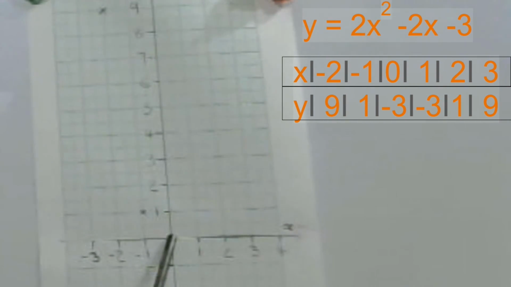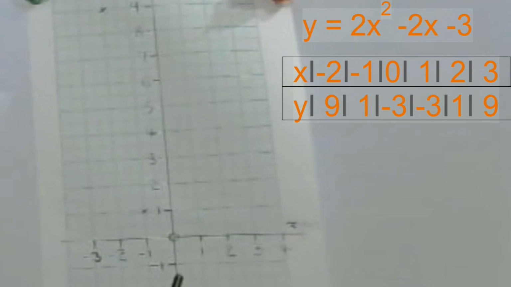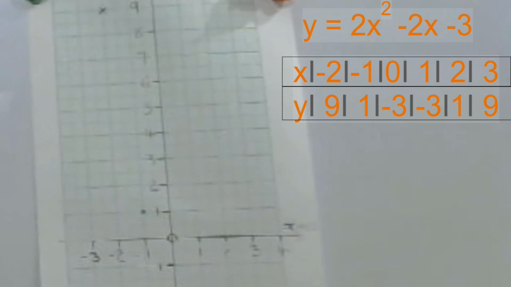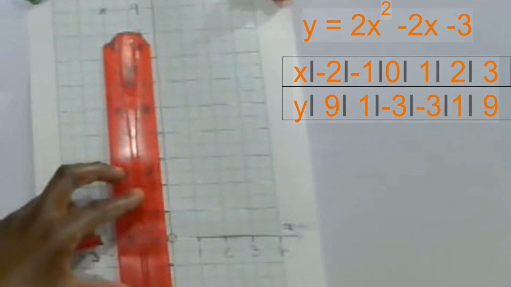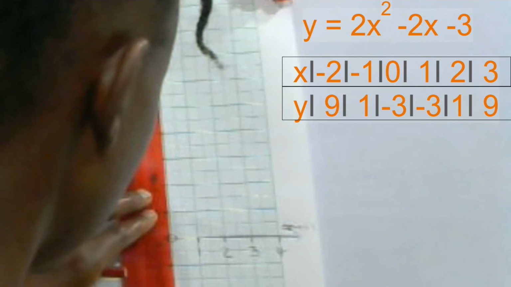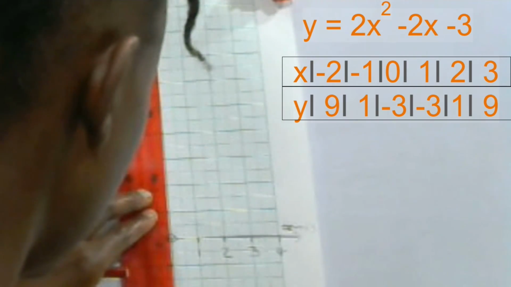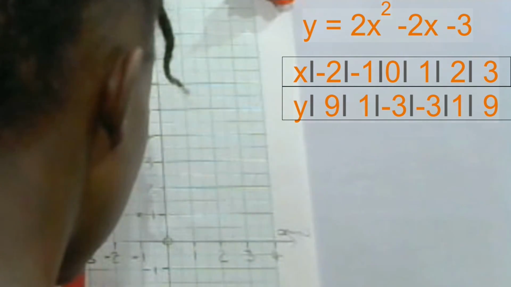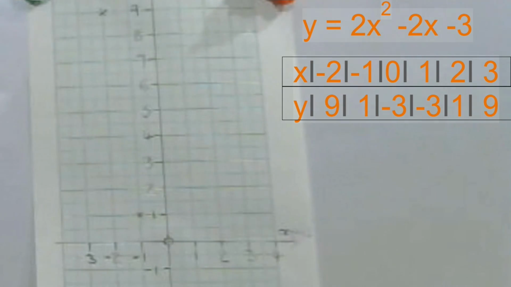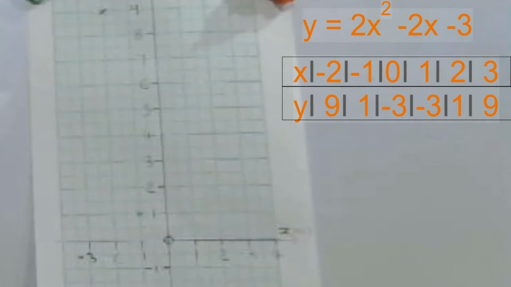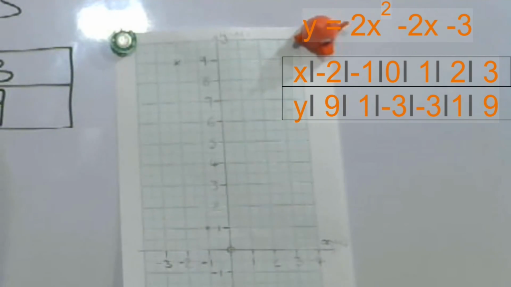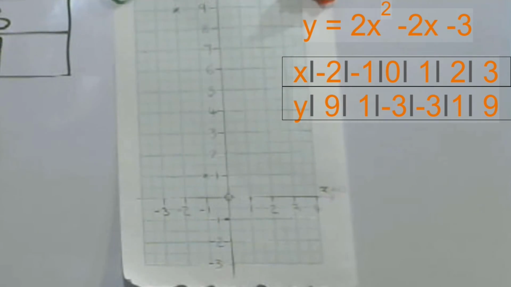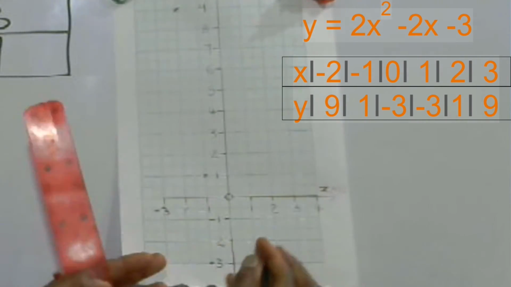Our third one, it's 0, -3. So there is our -3. So 0, -3 is there.